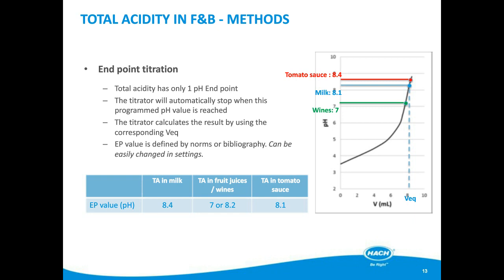For fruit juice, wine, it's 7 or 8.2, depending on the method. And for total acidity in tomato sauce, we will stop at pH 8.1. But if you have a specific method or internal method, we can change this endpoint value very easily.